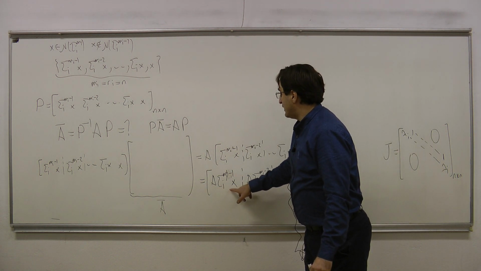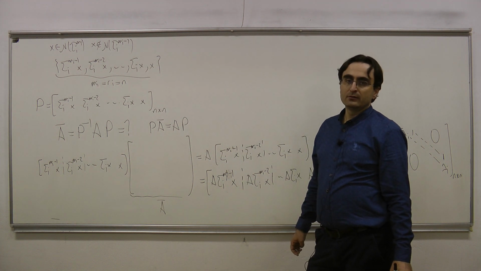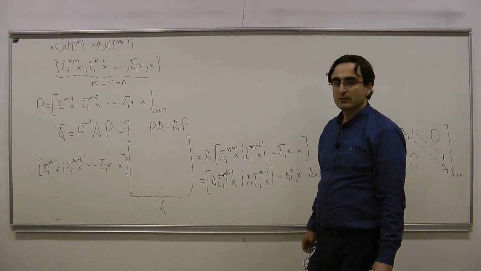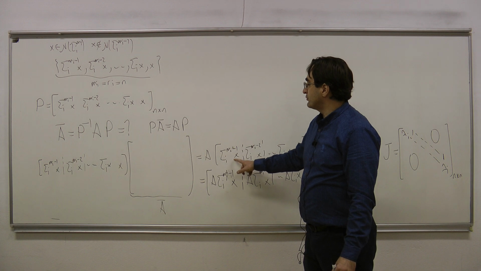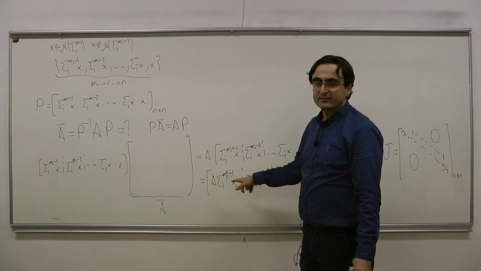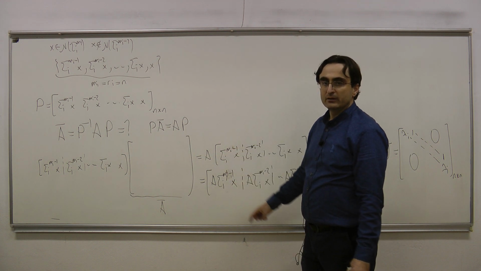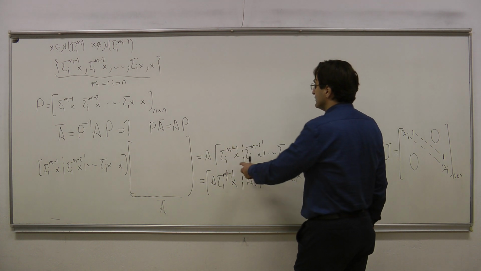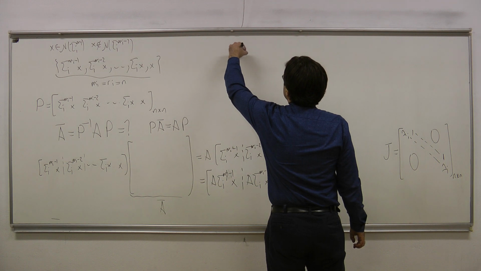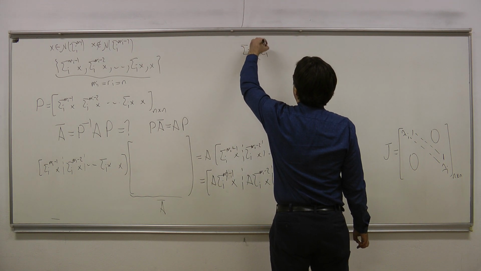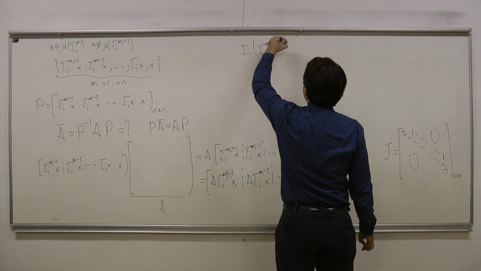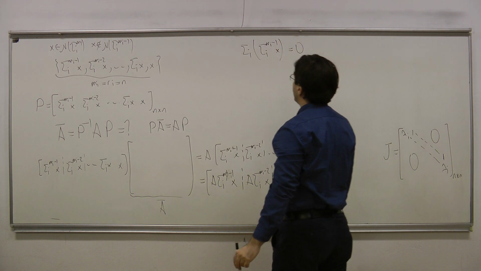A times (A − λ_i I)^(m_i−1)x. What is this? I know that the first element of all chains is an eigenvector. So this is actually an eigenvector. How can I see that? So (A − λ_i I) times (A − λ_i I)^(m_i−1)x should be equal to 0.